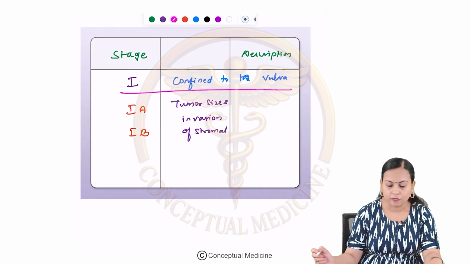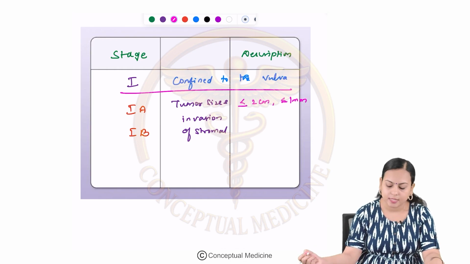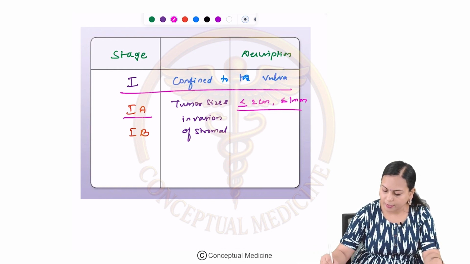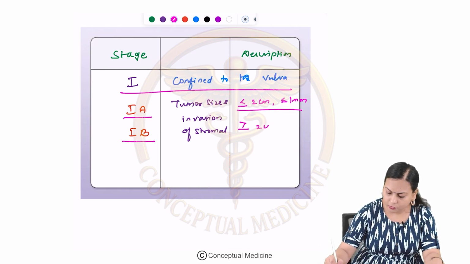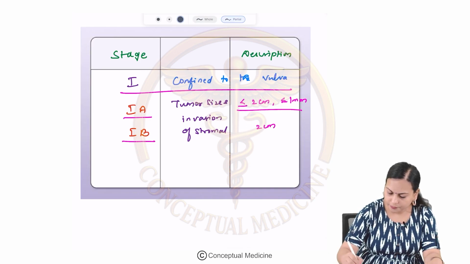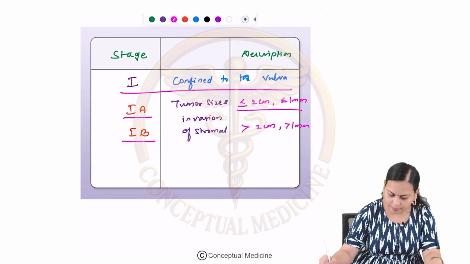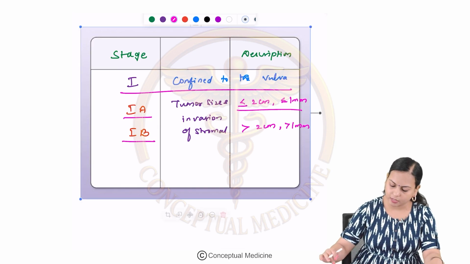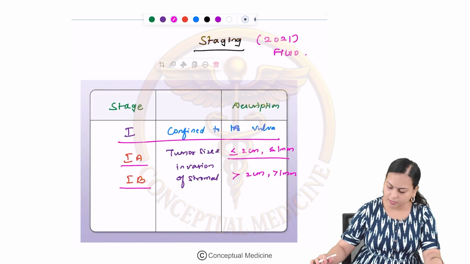Now, let me tell you the cutoff. 1A means the tumor size is less than or equal to 2 centimeter and the stromal invasion is less than or equal to 1 millimeter. 1B means the tumor size is more than 2 centimeter, and the stromal invasion can be more than 1 millimeter. Clear?